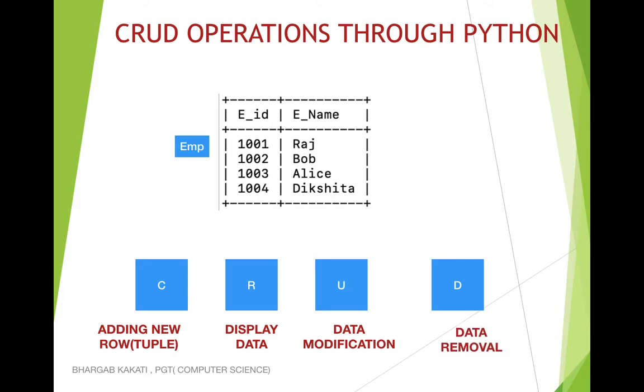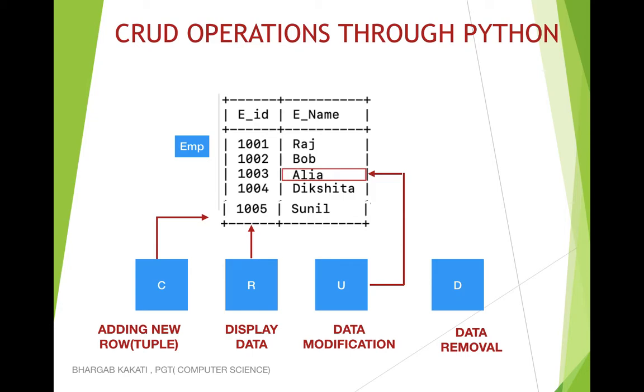Adding a new row can be explained as follows. Let's say we had one table, and in the table we have added a new row which says employee ID 1005 and employee name Sunil. Displaying means whatever data is stored, if you want to show it with the help of the Python programming language, it is known as displaying data. Data modification means, let's say you want to change the name of Alice to Alia.